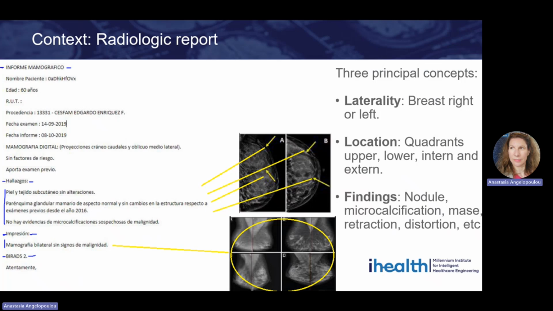We have the patient data section and the findings section. The findings section describes everything the medic sees in each image, for example, anomalies, sectors, etc. Each finding or anomaly is composed of three principal concepts: the laterality, the breast right or left; the location, which refers to a quadrant of the breast; and the finding.